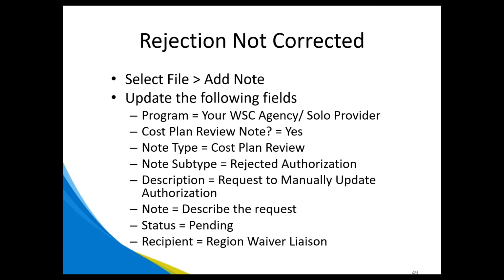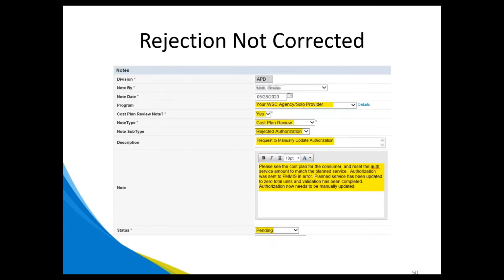Your note type is cost plan review. Your subtype is rejected authorization. And in the description, put something like request to manually update authorization. In the note, you're going to describe exactly what's happened, and you're going to put that note in a pending status, and your recipient is going to be your region waiver liaison. So it's going to look like this.